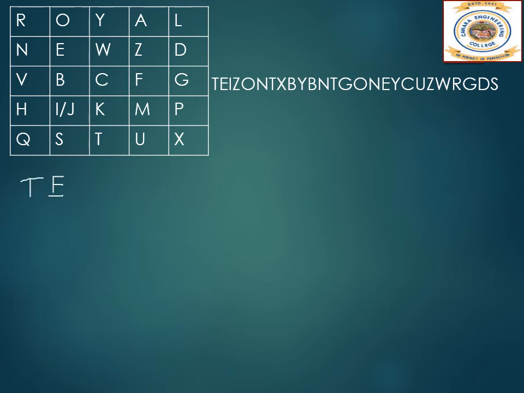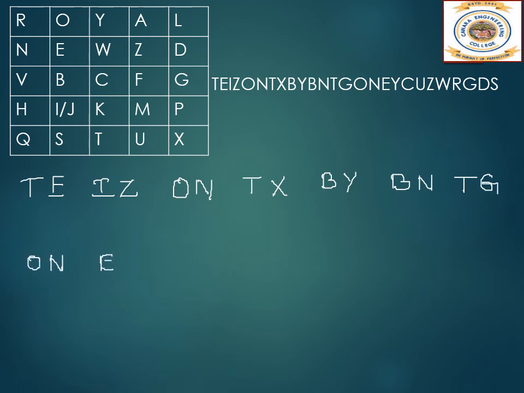T, E, I, Z, O, N, T, X, B, Y, B, N, T, G. Then O, N, E, Y, C, U, Z, W, R, G, D, S. So let's start with the T, E. So T and E, where is T?